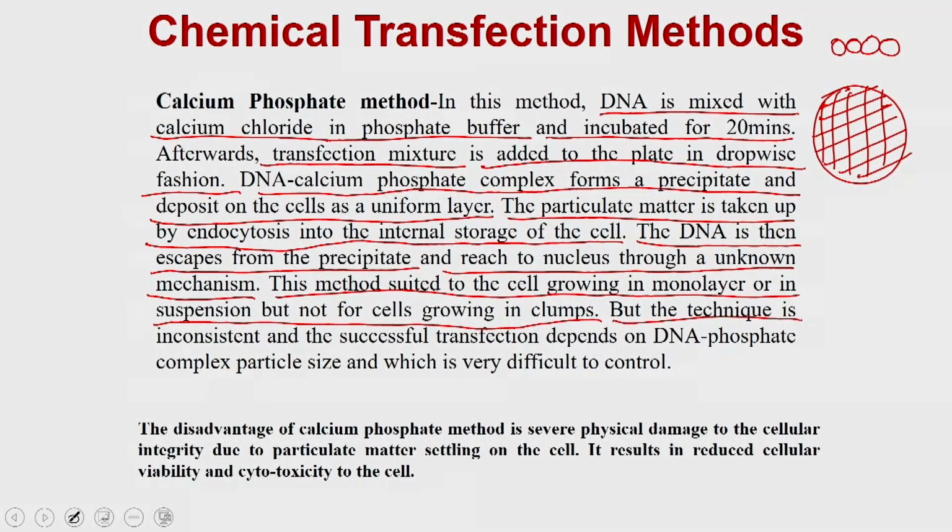But the technique is inconsistent and the successful transfection depends on the DNA phosphate complex particle size, which is very difficult to control.